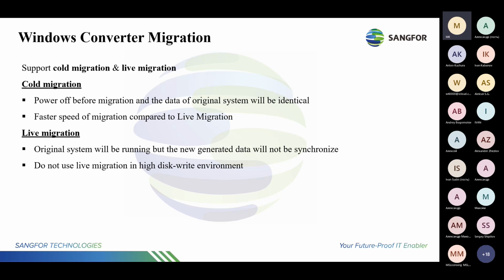But if you're referring to a database VM or web server VM where you continuously have new data coming in, then this migration method will not be applicable for that scenario. Because the moment you perform the live migration, let's say you start the migration at 12 p.m., any data after 12 p.m. will not be migrated. That is the limitation under this Windows Converter migration approach.